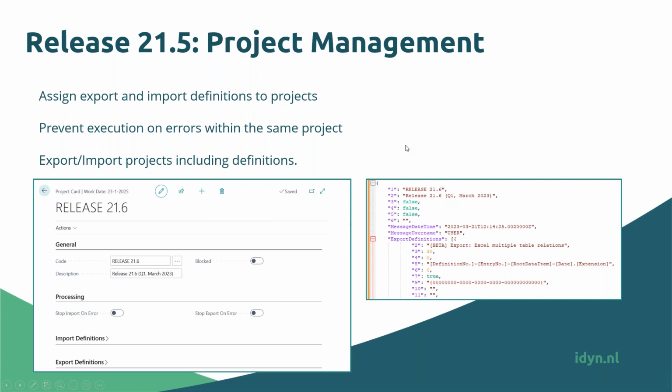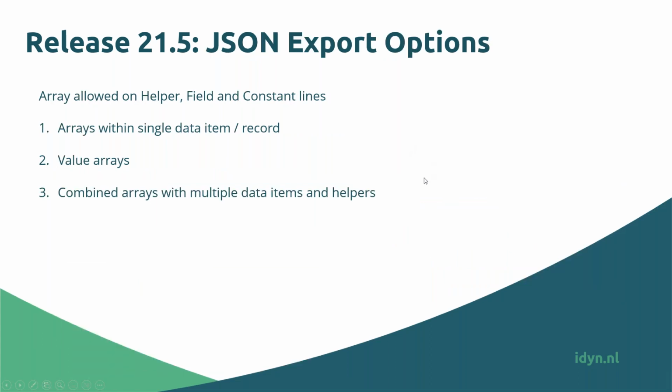Okay, great. So the next part is the JSON options that were included in the January release. However, there is also one topic over here that we actually recently included in the latest release, and that's the last point that we see over here.